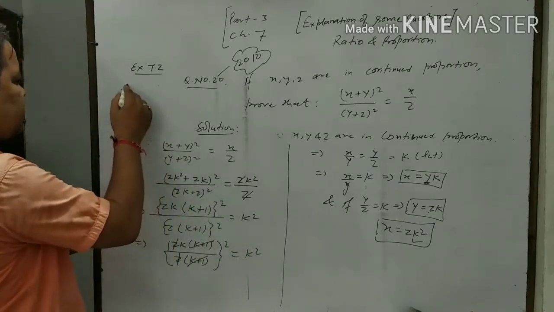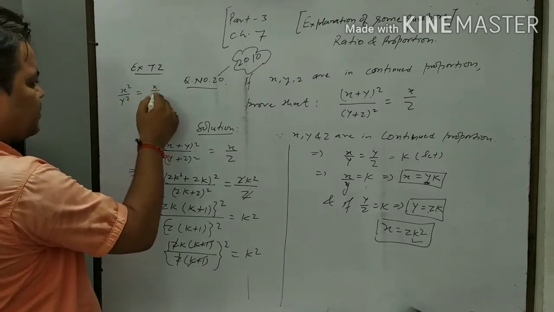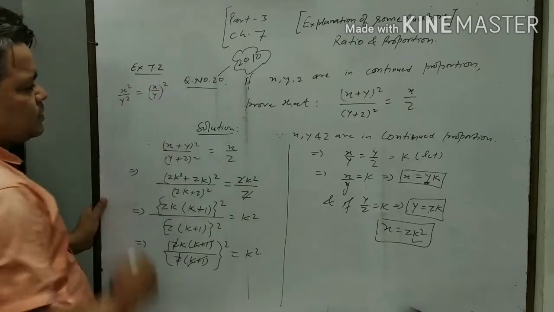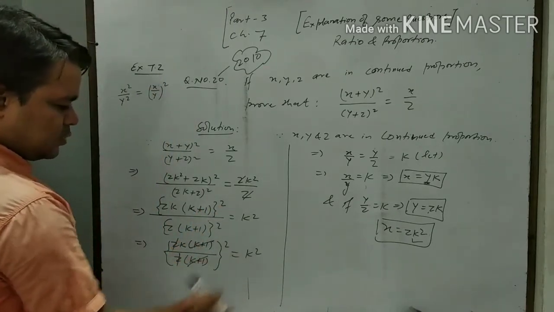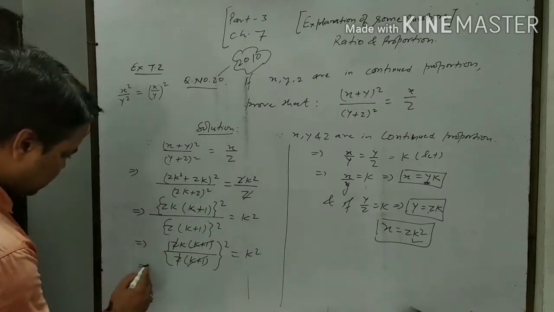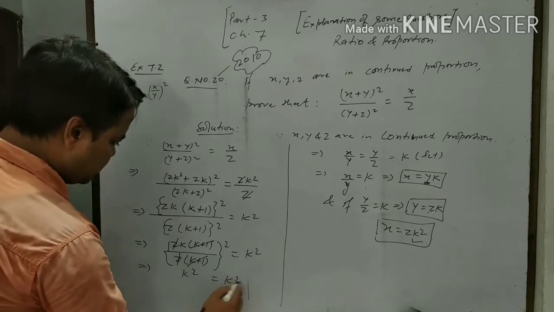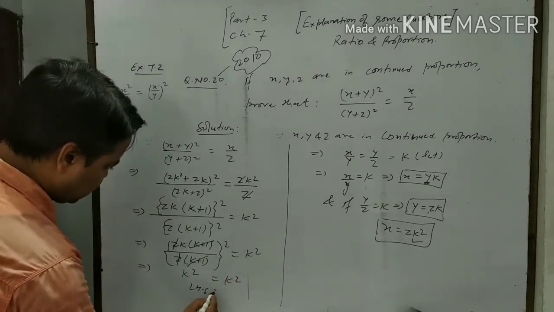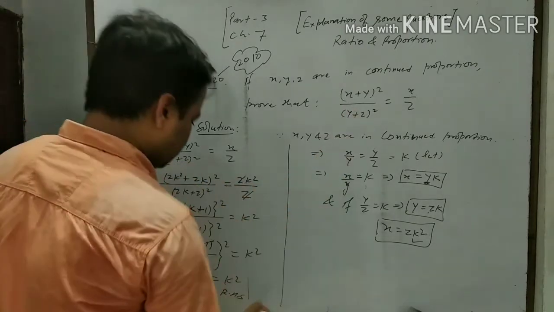Remember, x square upon y square can be written as x by y whole square. Similarly, this square can be written as this by this, whole square. Now what is left here? k, and its square, k square. It means left hand side is equal to right hand side, and this is proved.